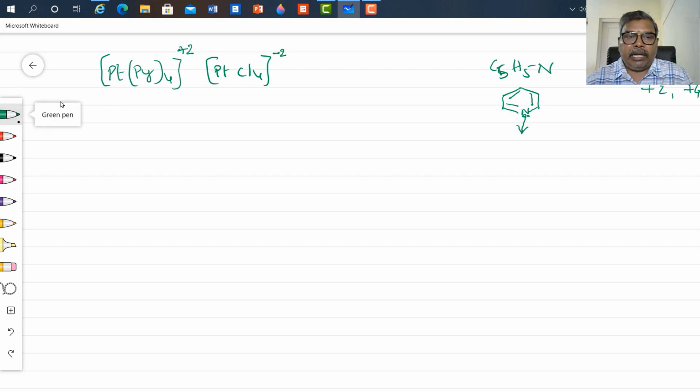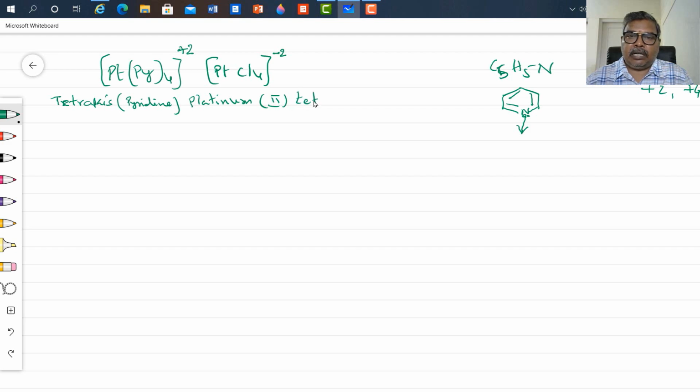So, treating pyridine as a complex ligand, the name starts with tetrakis pyridine platinum, Roman number 2, oxidation state +2.